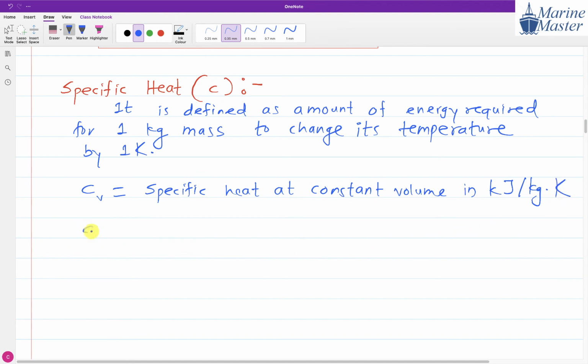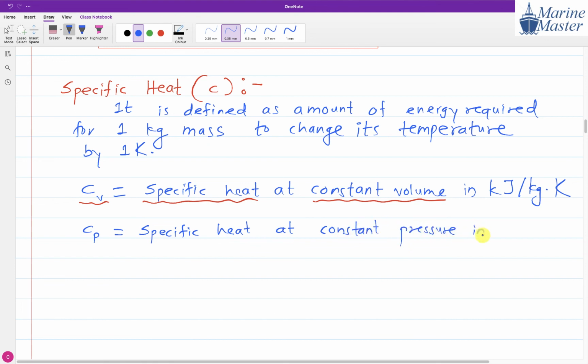Another type of specific heat that we are going to use here is also a constant for a particular ideal gas: specific heat at constant pressure. Cv stands for specific heat at constant volume, so by default we can guess Cp stands for specific heat at constant pressure.